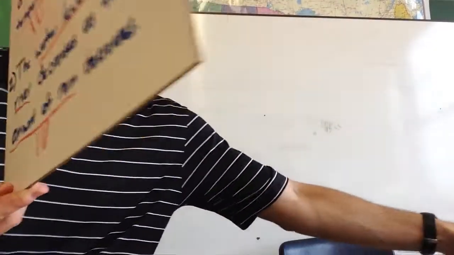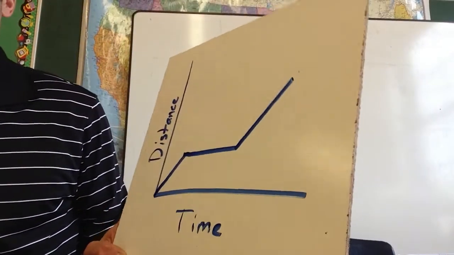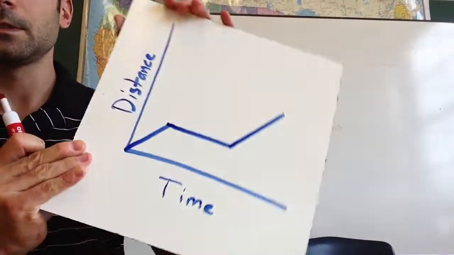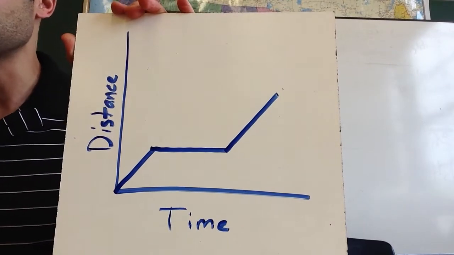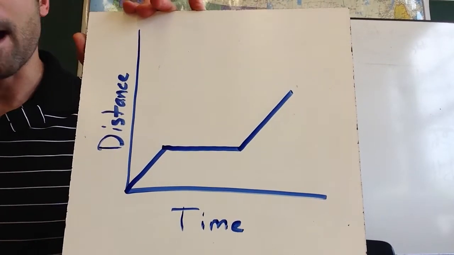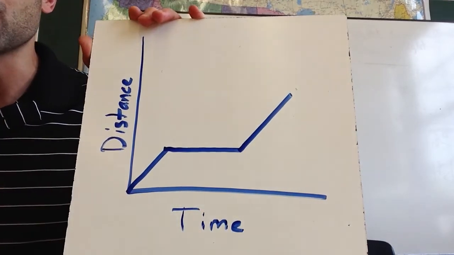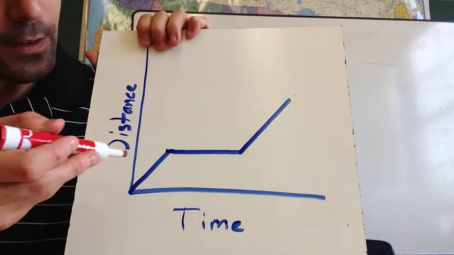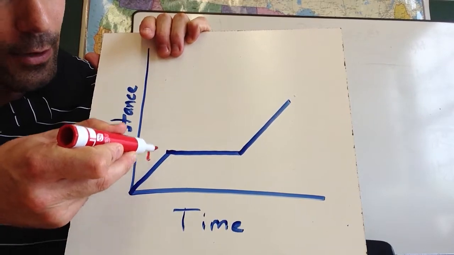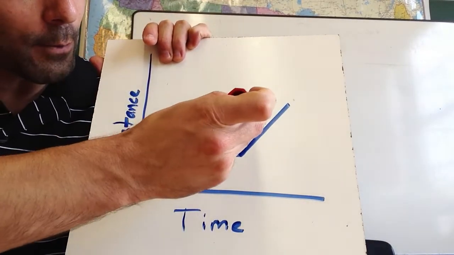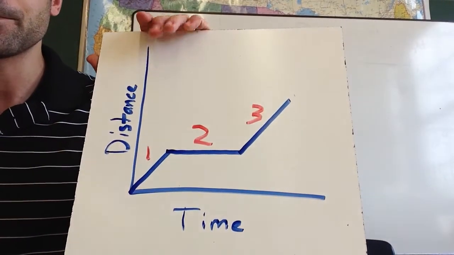All right, and finally I want to practice reading a graph with you. Keep in mind there are no numbers on the graph, so we're just interested in telling the story. This graph obviously tells distance as it relates to time. And so the question is, what is happening in each of these segments? And you can see that there are essentially 3 different parts of this graph.